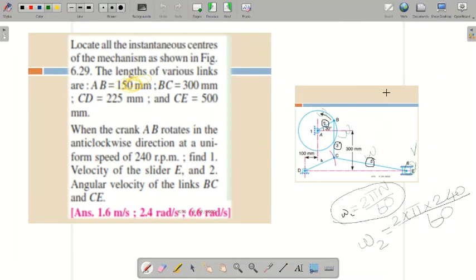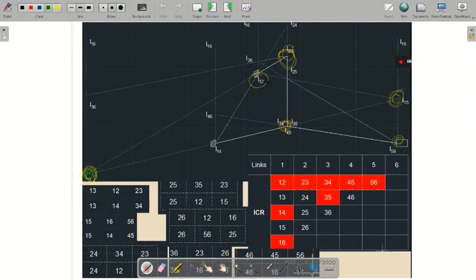One more thing, while measuring distance, don't multiply the distance. If you got 14 and your scale is 50, you should not multiply or divide the distance with the scale. Just take the distance as it is. Don't worry about it, because it will cancel by itself.